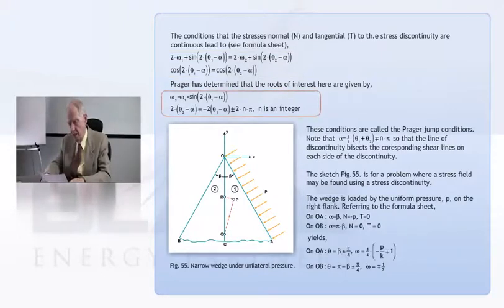And these things are called the Prager jump conditions. So we know omega and theta on one side, and these are the equations that have to be satisfied to solve for omega and theta on the other side.